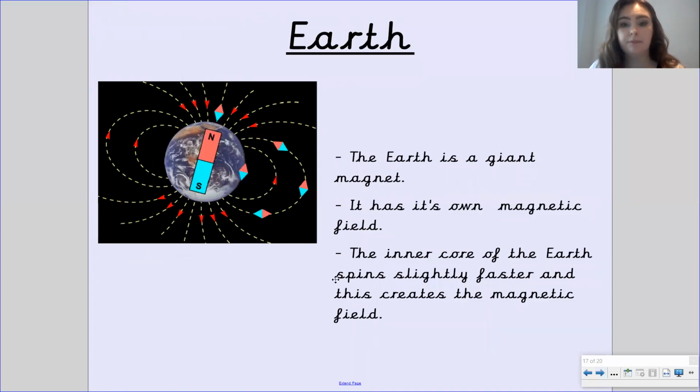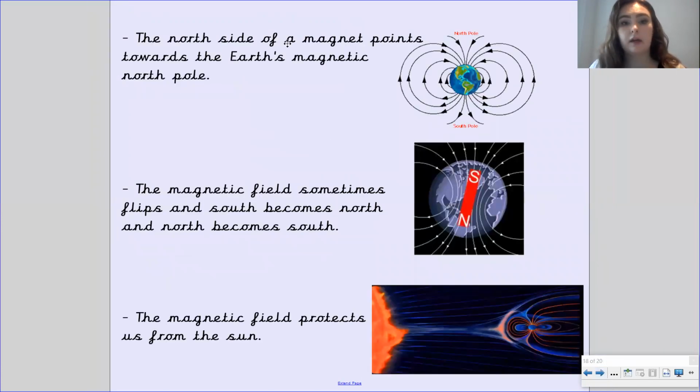So the Earth is a giant magnet and it has its own magnetic field. Here is a picture demonstrating that here. The inner core of the Earth spins slightly faster and this creates a magnetic field. The north side of a magnet points towards the Earth's magnetic North Pole.